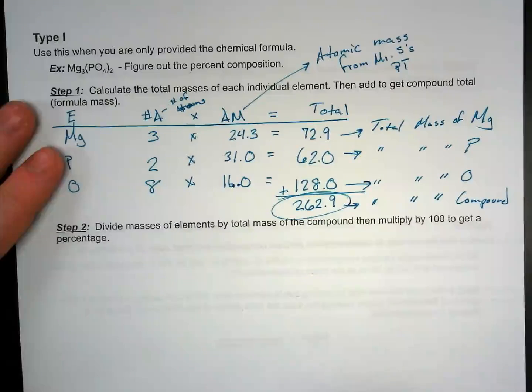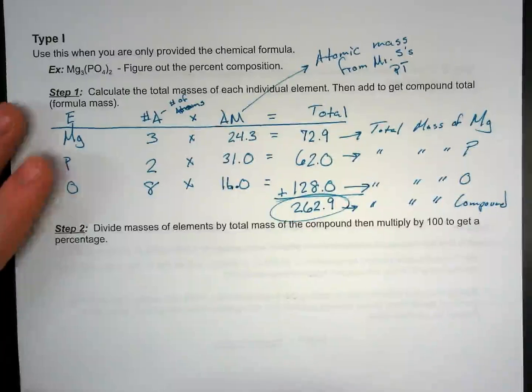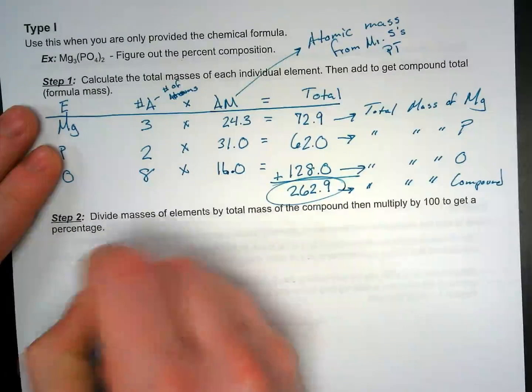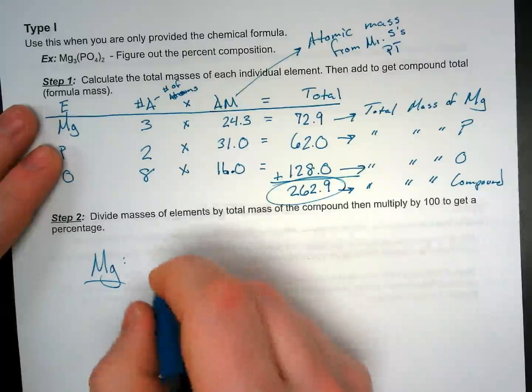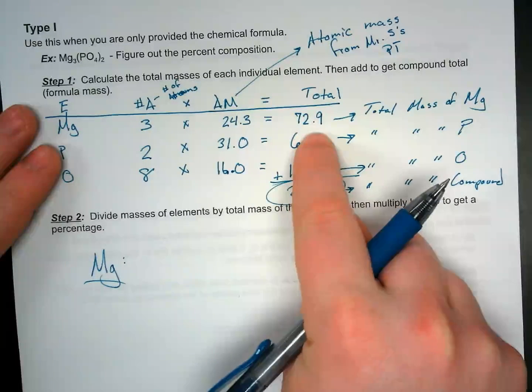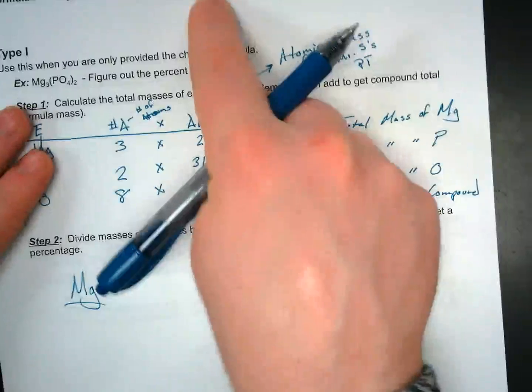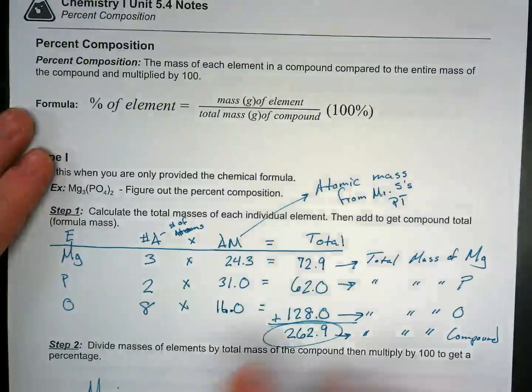So now we're going to find the percent composition of each element within magnesium phosphate. Magnesium, there was 72.9, and we're using this equation up here to figure this out.